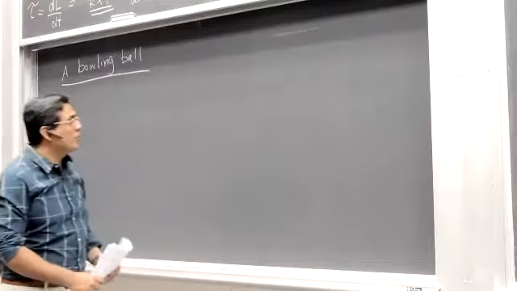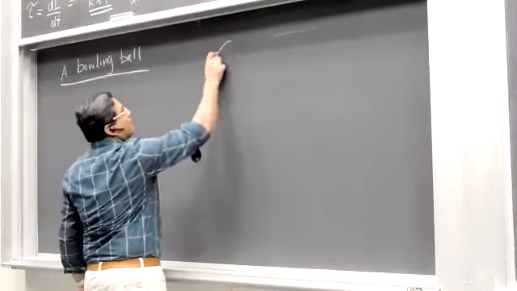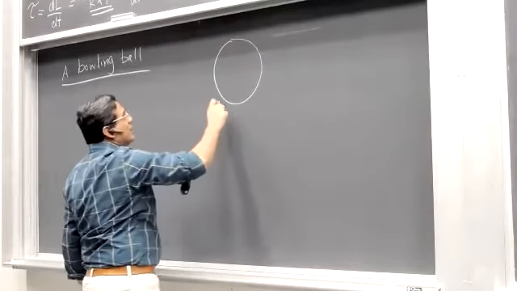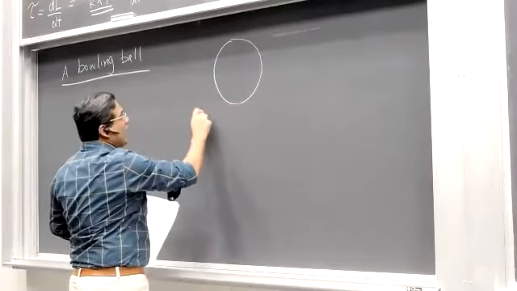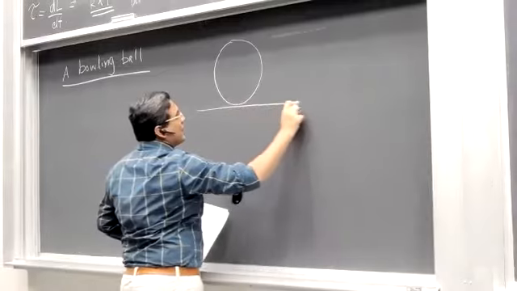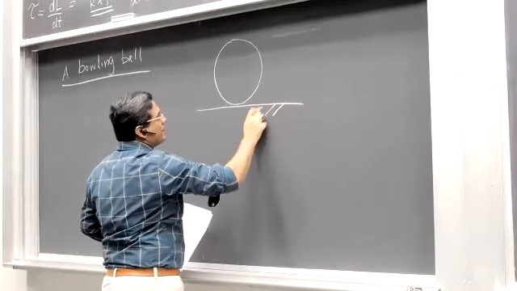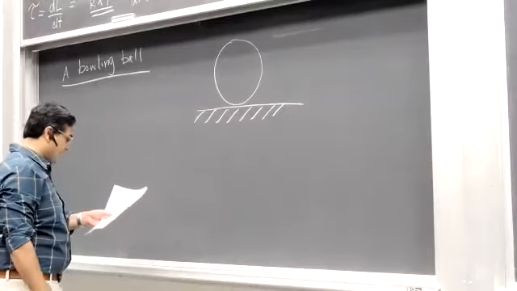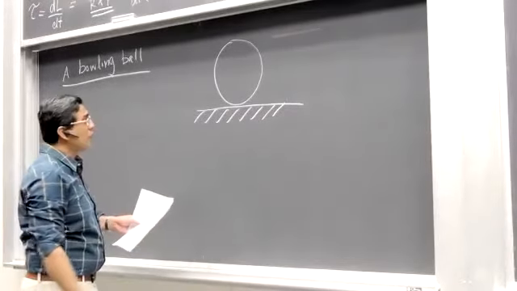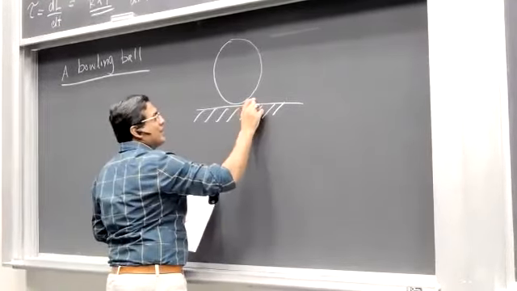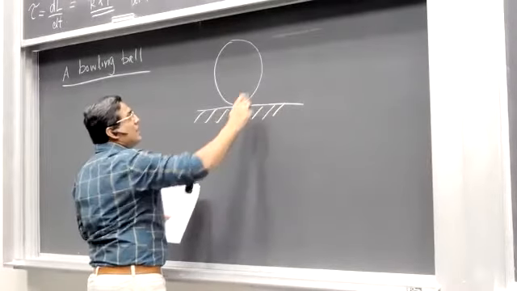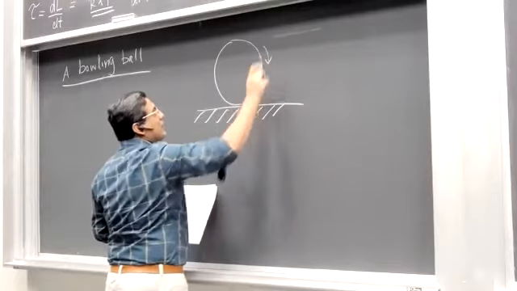So the moment you throw the ball, let's say that this is the ball and this is the track beneath it. When you throw it, it is skidding, so it is sliding, and it's also rolling.